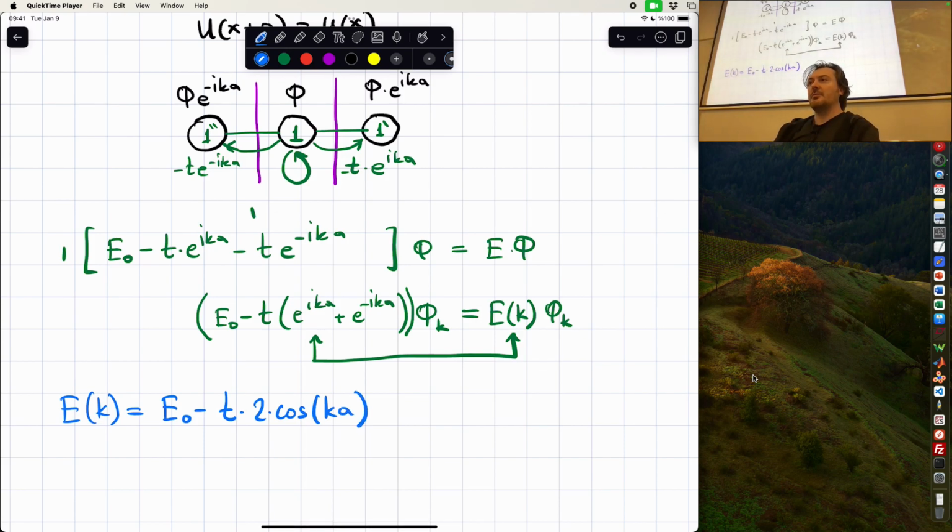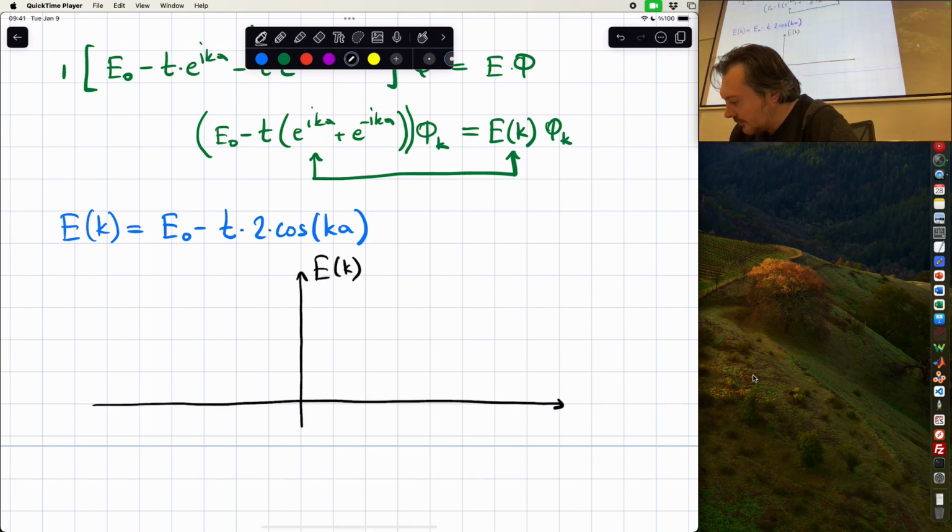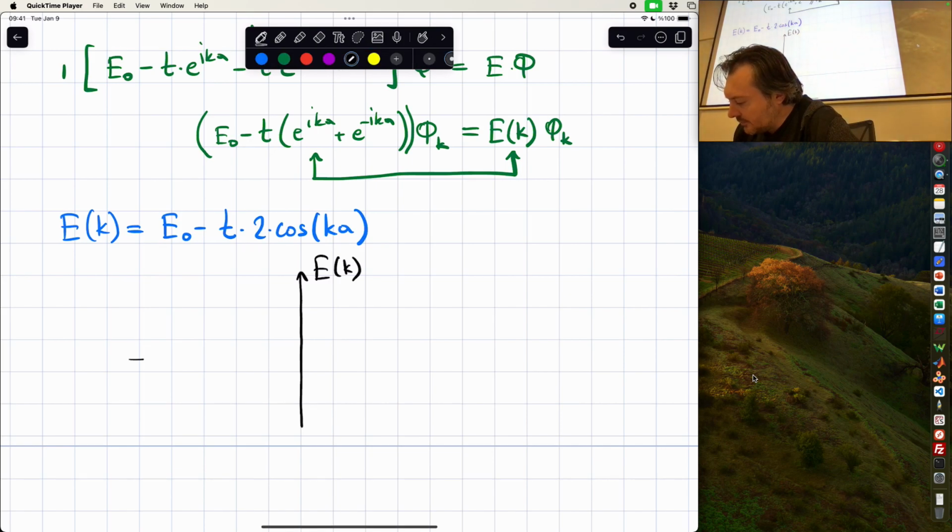Please tell me that you are with me. Still, yes? So what does it mean? It means that if I want to plot E of k versus k, this is what we call a band structure. Okay, let me put it in the middle.